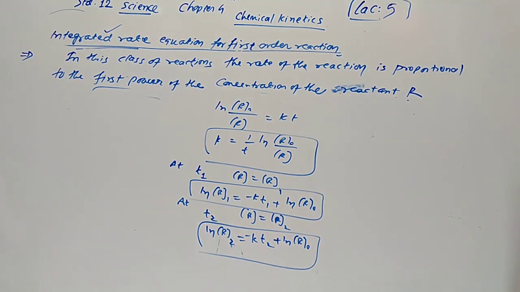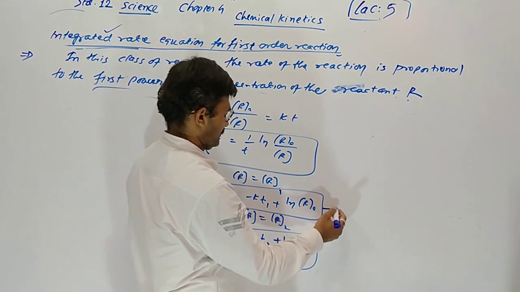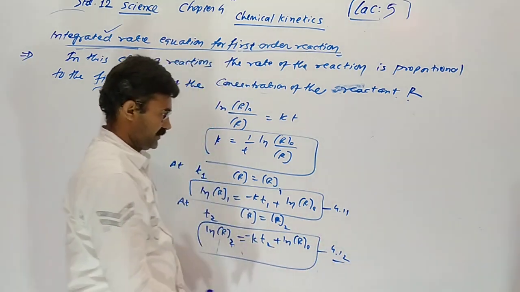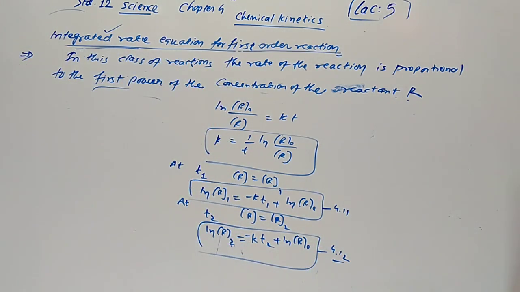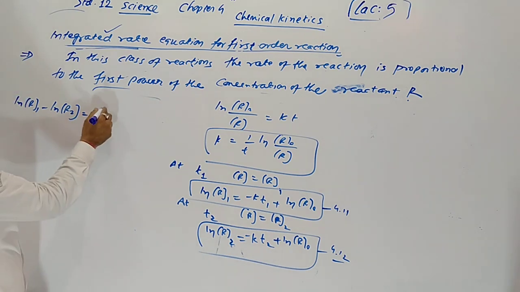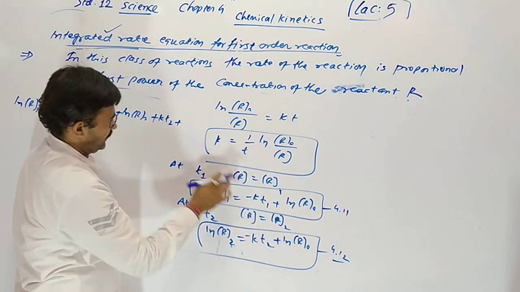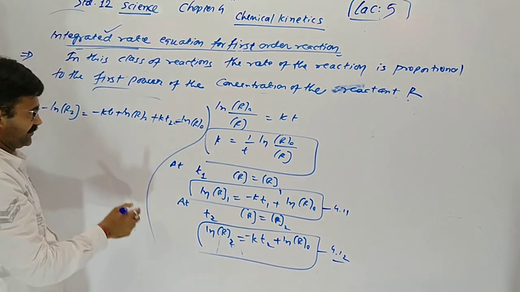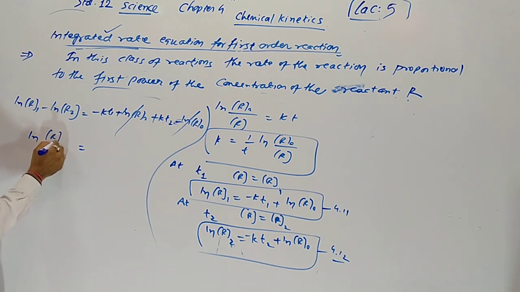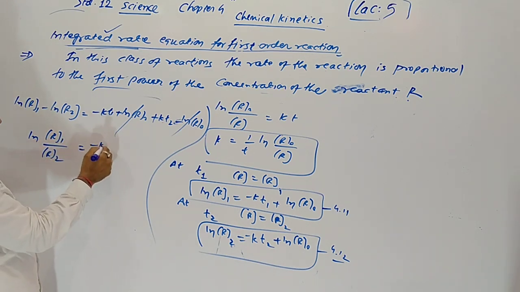Get it? Now, subtracting equation 4.12 from 4.11 in your book. So ln R1 minus ln R2 equals minus kT1 plus kT2, and the ln R0 terms cancel. So ln R1 upon R2 equals kT2 minus kT1.